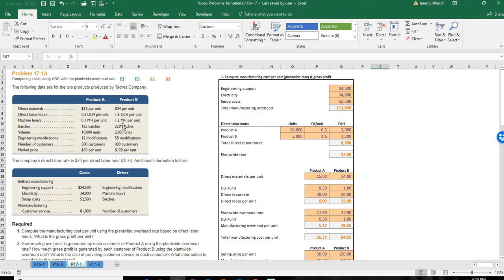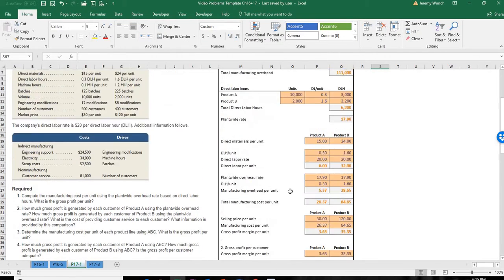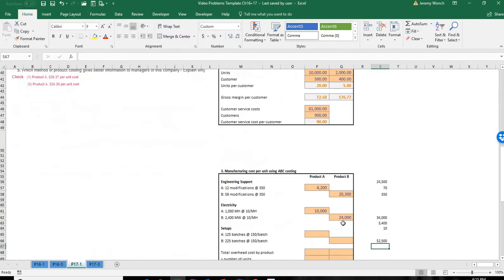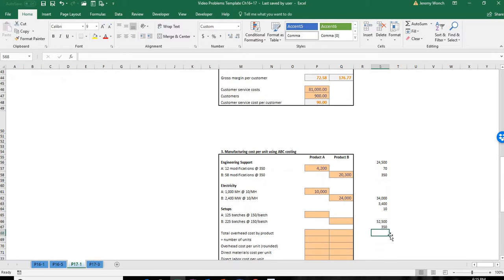For batches, we have 125 and 225, so a total of 350 batches. That means the cost is 150 a batch.